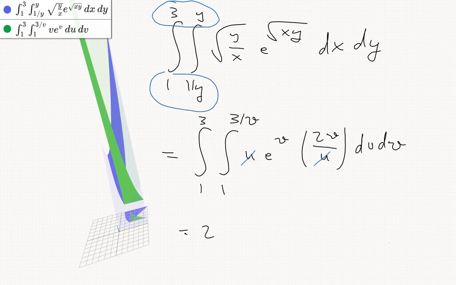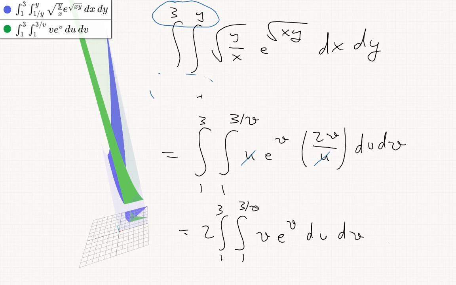Okay, so this is integral from 1 to 3, integral 1 to 3 over v, 2v e to the v, du dv. Then that doesn't involve u at all.